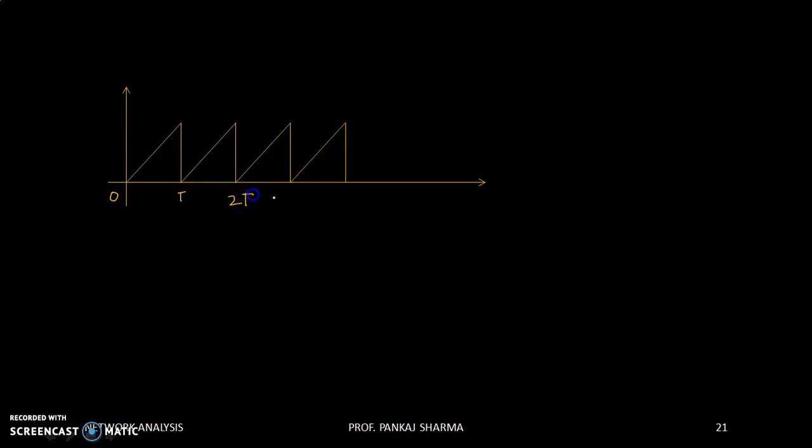This is 2T. This is 3T. This is 4T, and the function is repeating itself. This is k1 given to you, and this is your voltage function Vt, and this is t.